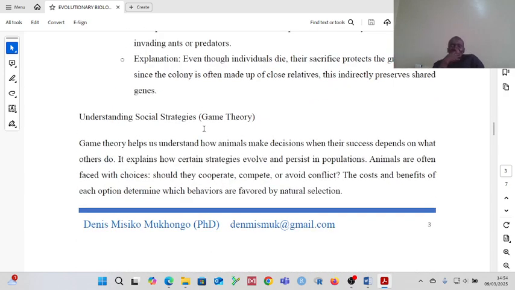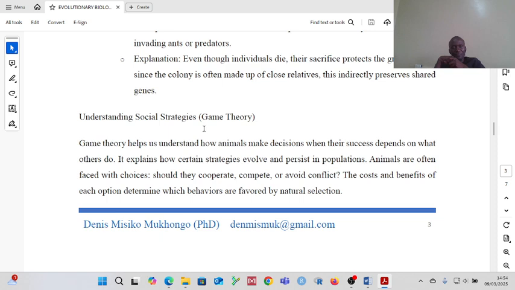So there are social strategies, or what is called the game theory. Understanding these social strategies, or this game theory, helps us to have a better appreciation of how animals make decisions when their success depends on what others do.